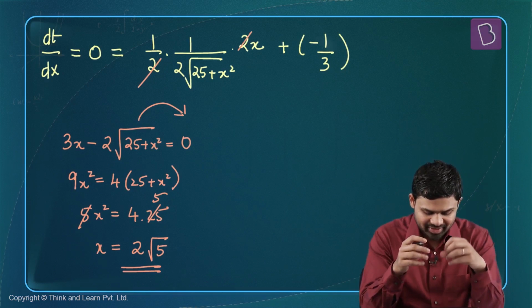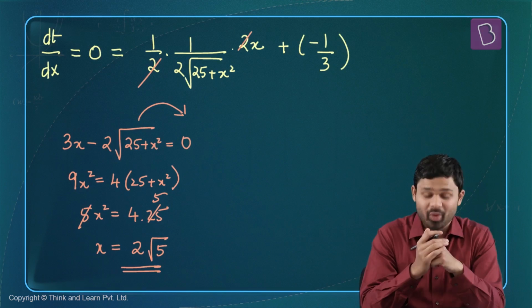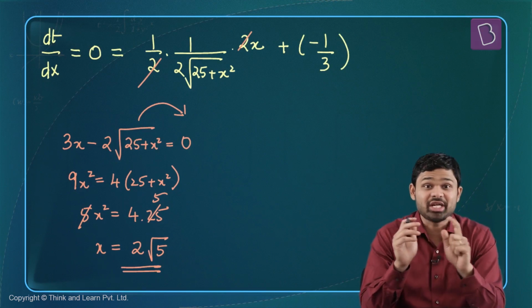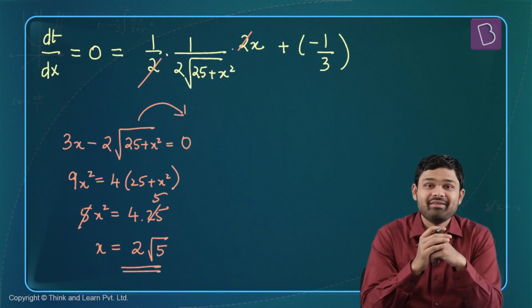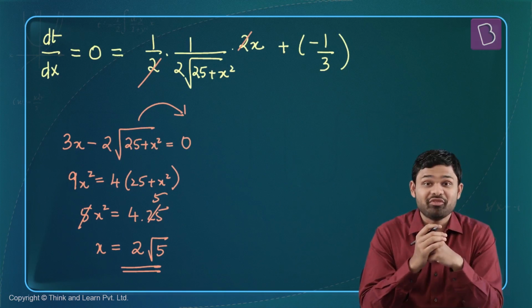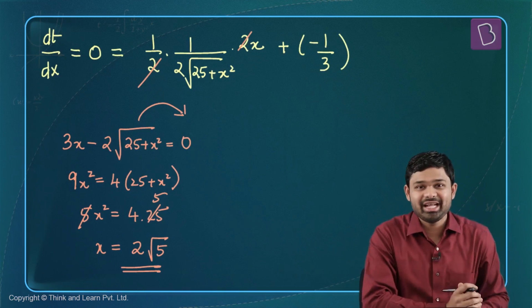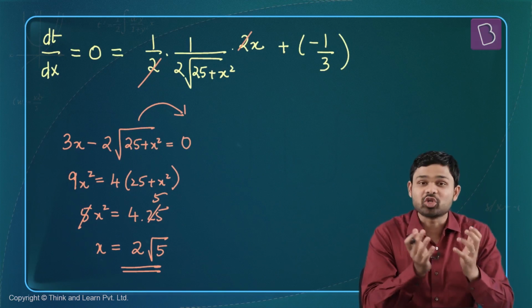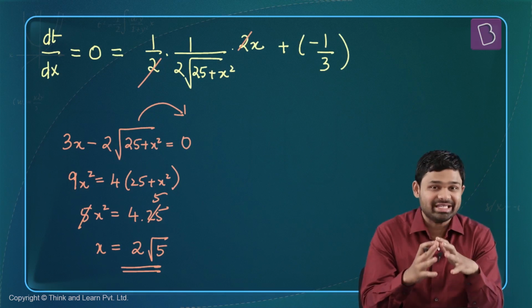My first derivative is x divided by 2 times the under root of 25 plus x square minus 1 by 3, that's a constant. If you take a second derivative of this and then you input values of x, which is 2 root 5, you will see that that point is actually a minima, because the second derivative of t will be positive for 2 root 5, so you will get a point of local minima itself.